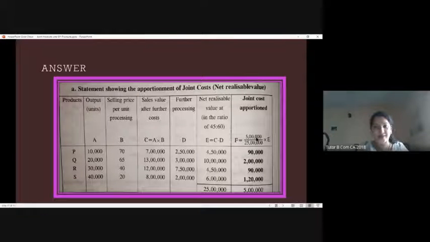That is 5 lakh is the total cost which needs to be apportioned. 25 lakh is the total of net realizable value, and 4,50,000 is the net realizable value for this respective joint product, that is P. That's how we did in this. It needs to be done for all the 4 cases to find out the apportioned cost for each joint product. That's what we call as the apportioned cost of each joint product, namely PQRS.